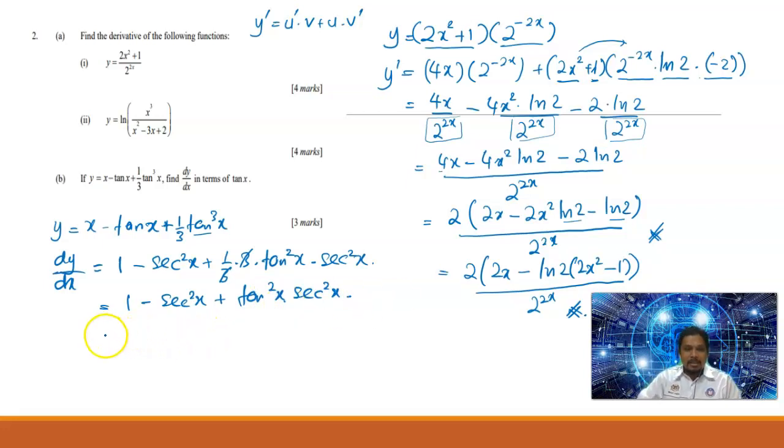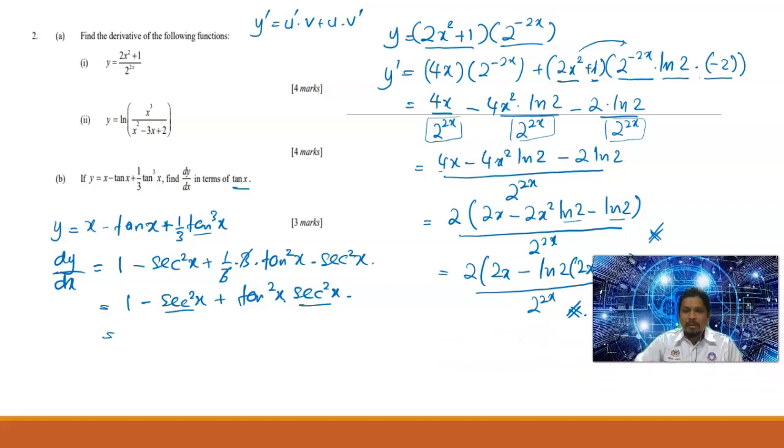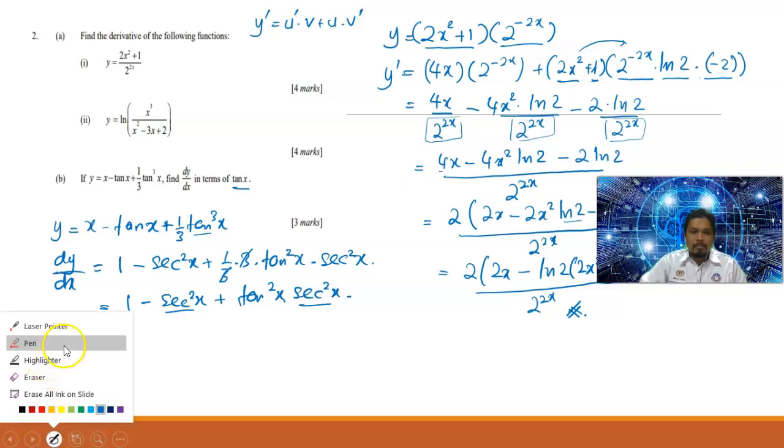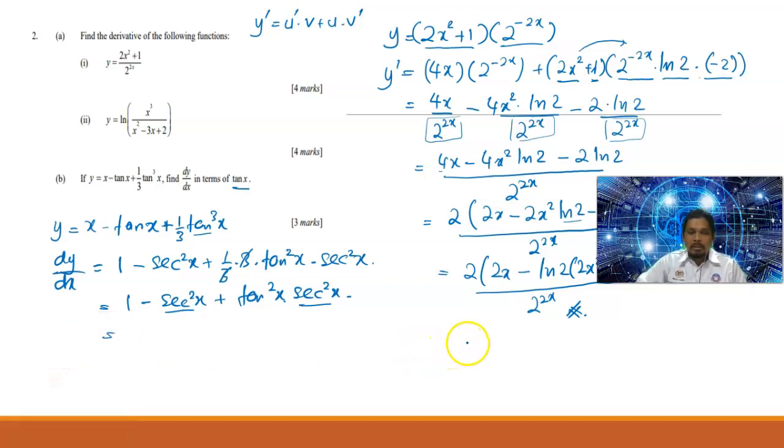Okay, so then now in terms of tangent x, meaning that we don't want to see any secant x left. Okay, so do you still remember the trigonometric identities? For example, sine square x plus cos square x equal to 1.